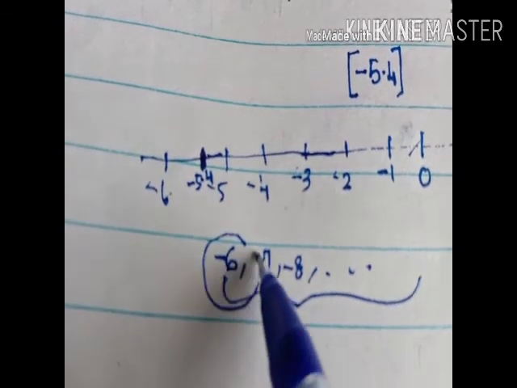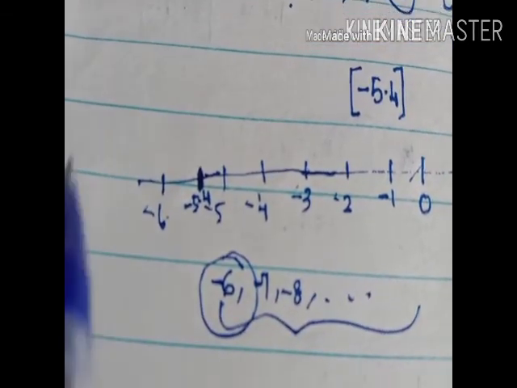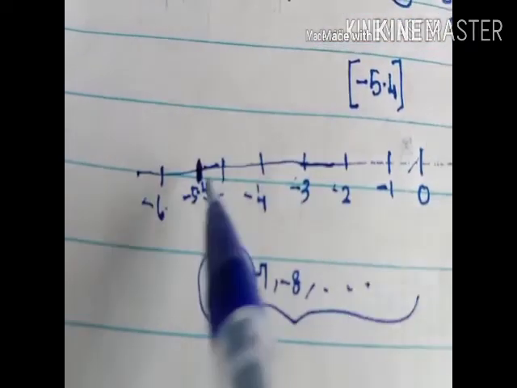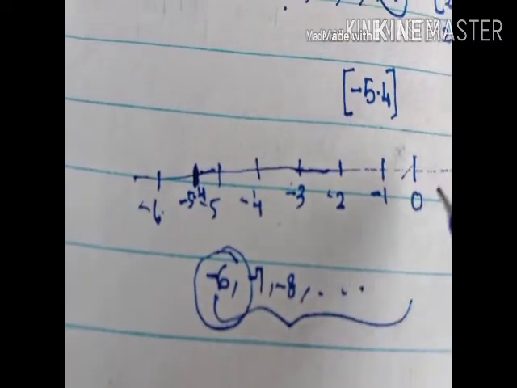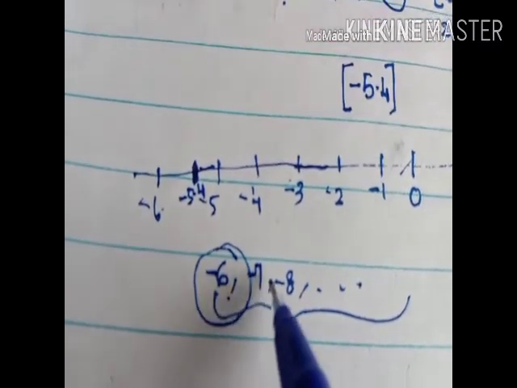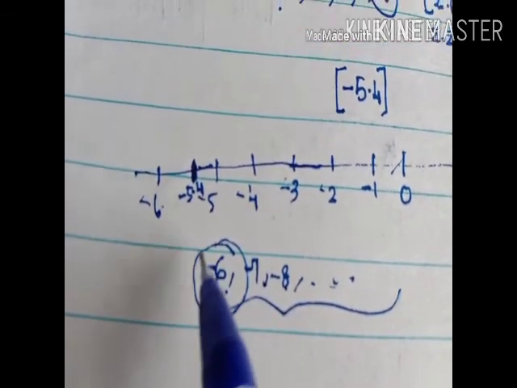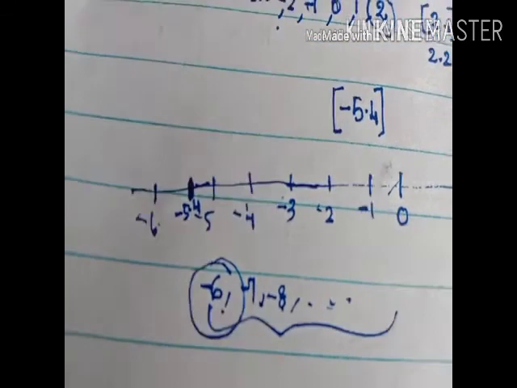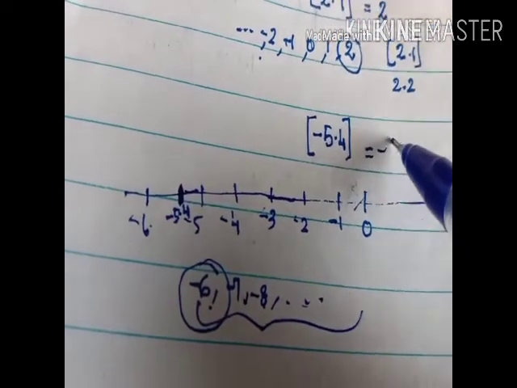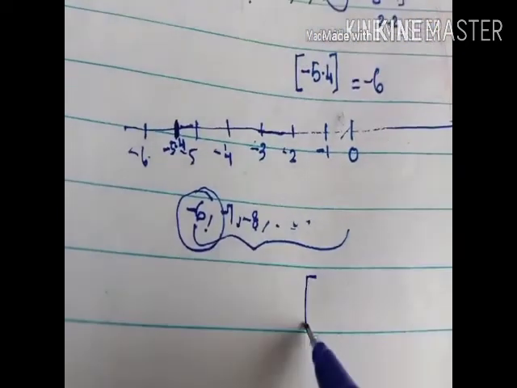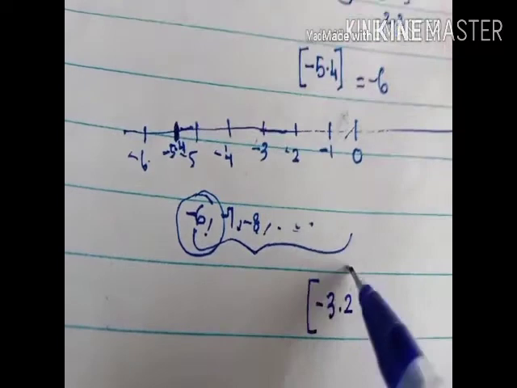It is negative 6. From left to right, numbers are increasing, so negative 6, negative 7, negative 8 is in decreasing form. So the greatest integer is negative 6.